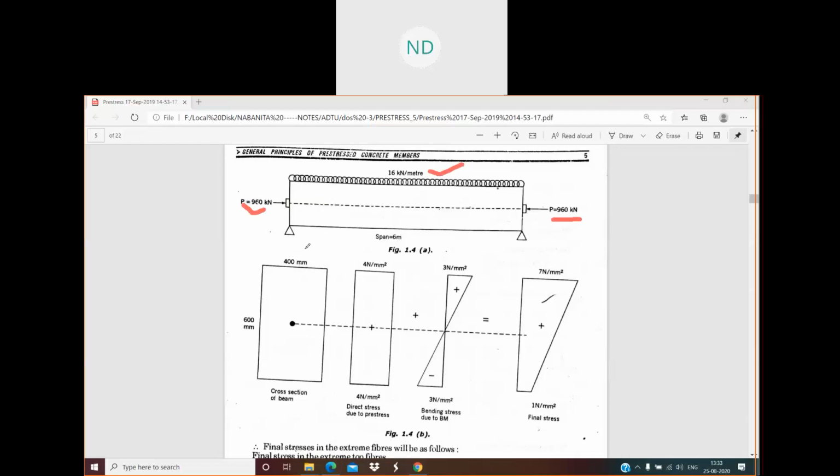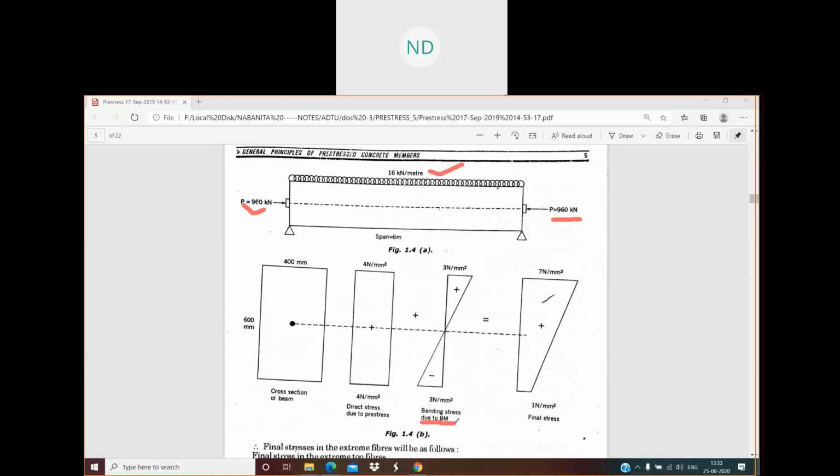This was your section 400 into 600. This is your direct stress, which is uniform throughout the section and the beam. At the top it is 4, at the bottom also it is 4 Newton per mm square, so it is equal.